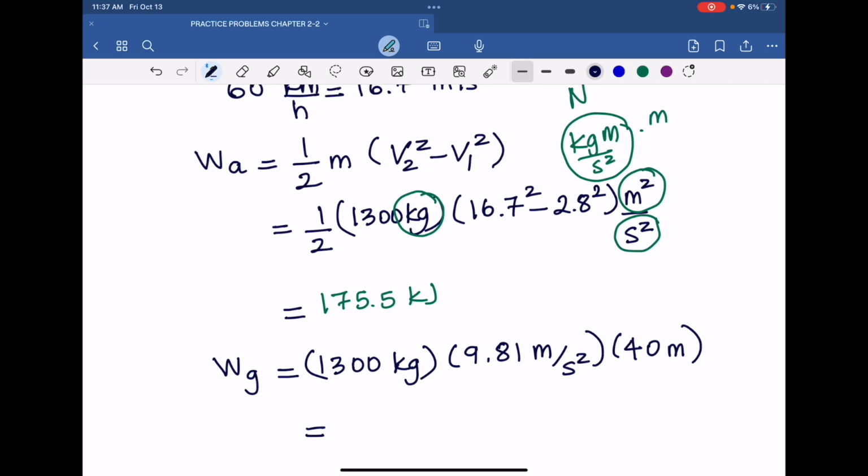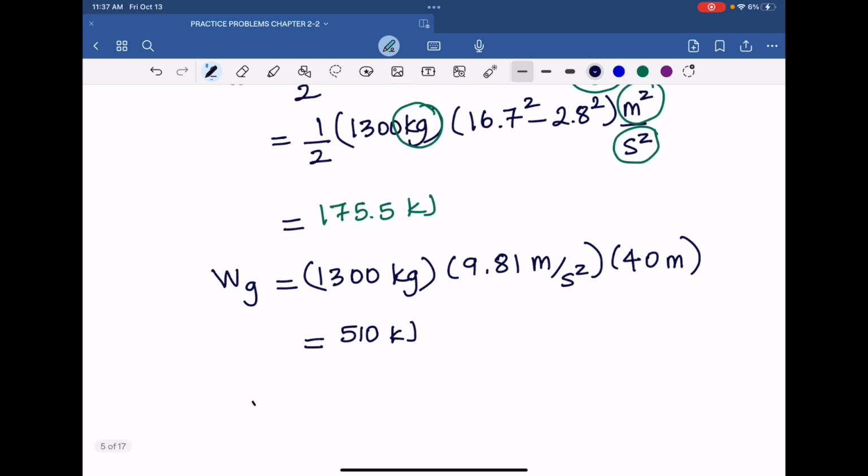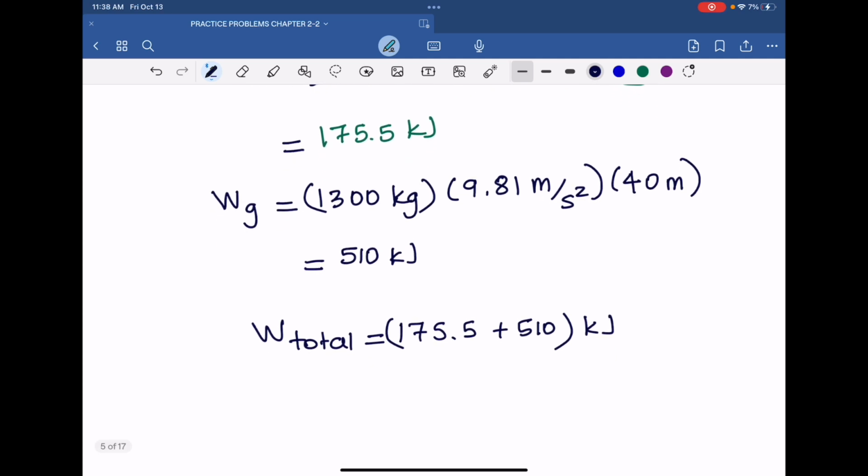So we divide it by 1000, you get 510 kilojoule. So we can sum those up to find the total work necessary to change the kinetic and potential energies of that car. Total is 175.5 plus 510 kilojoule is equal to 686 kilojoule. That's your final answer.